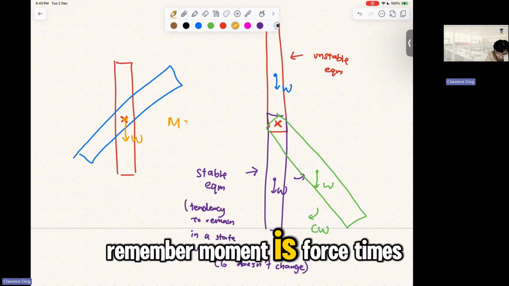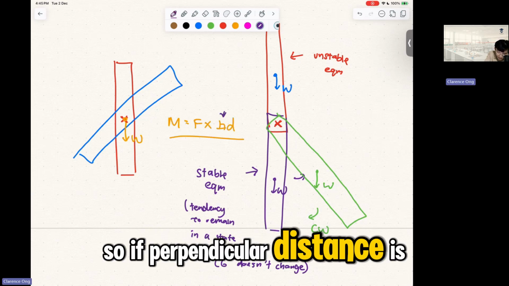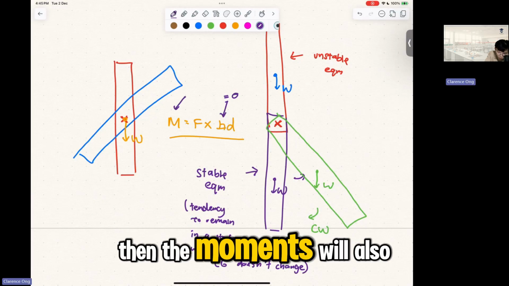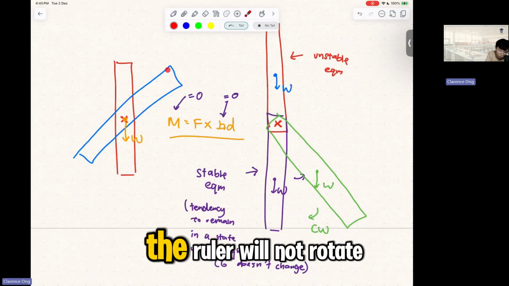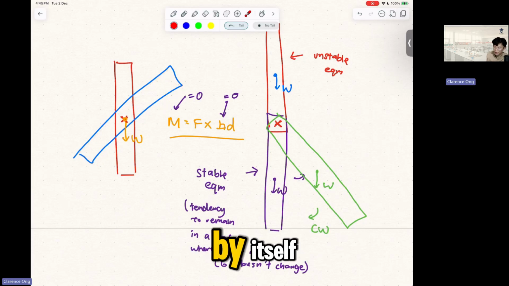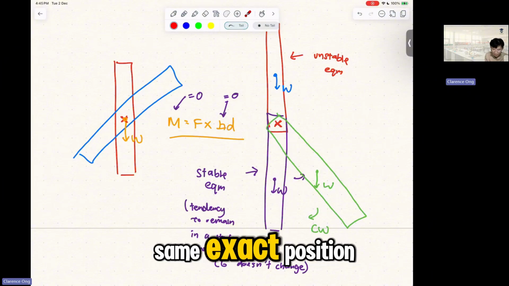Remember, moment is force times perpendicular distance. So if the perpendicular distance is 0, then the moment will also be 0. And if the moment is 0, the ruler will not rotate by itself when you displace it. You rotate it, it will stay in the same exact position.